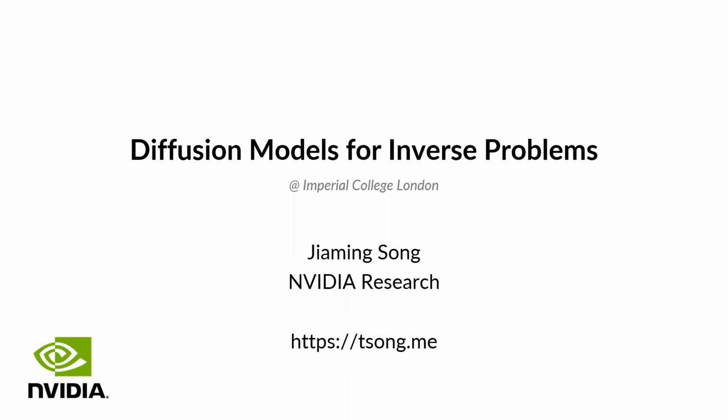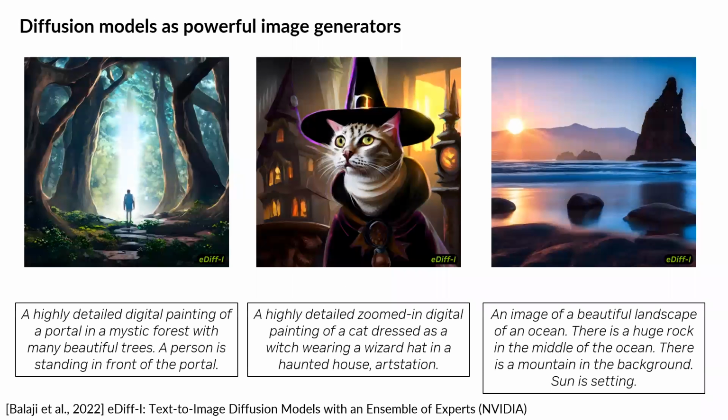To start with, let me first show some results from NVIDIA that shows how diffusion models are very powerful generative models. And specifically in the past year, there has been an explosive growth for image generators in diffusion models.